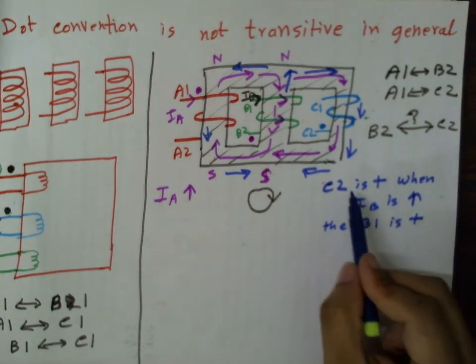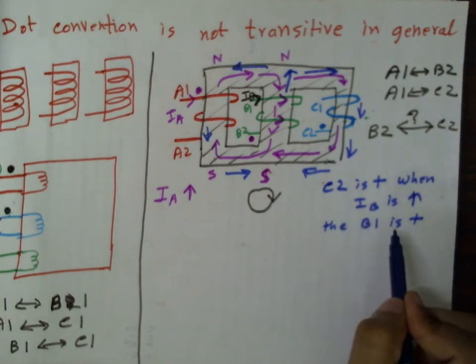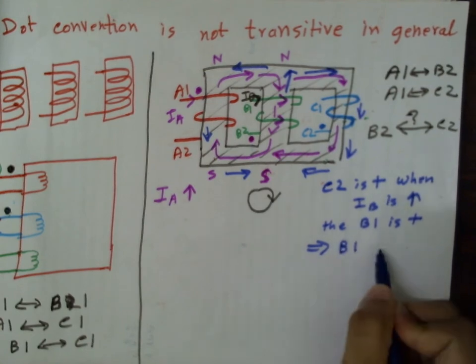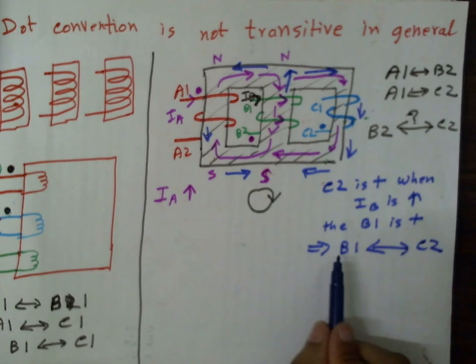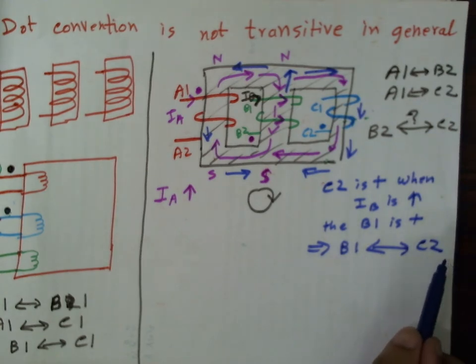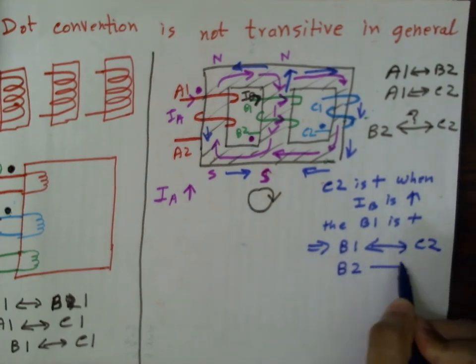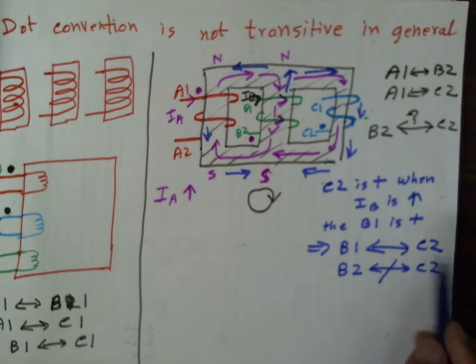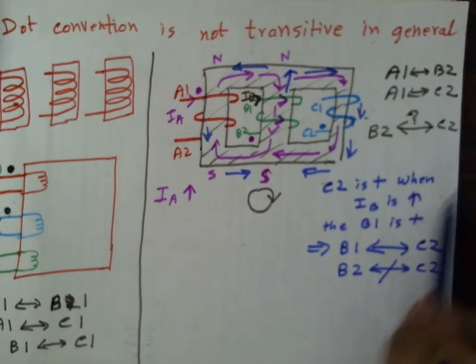So that means C2 and B1 should share a similar dot. So this implies B1 and C2 should have dots together. Or in other words, B2 and C2 should not have dots together. Okay, so here the question that I asked before, whether B2 and C2 should share same dots, the answer is no.